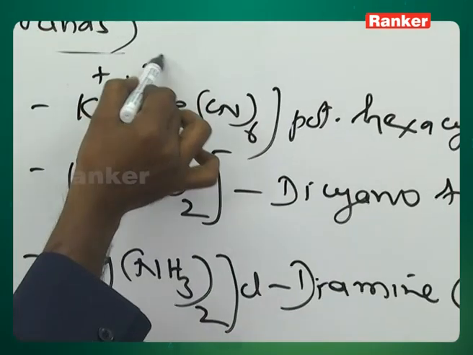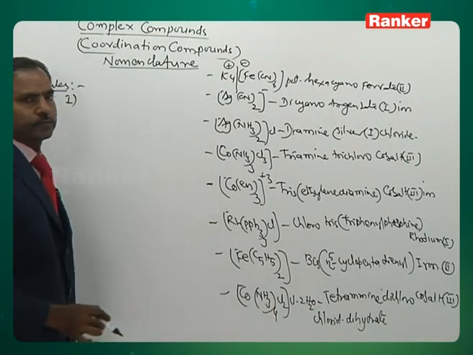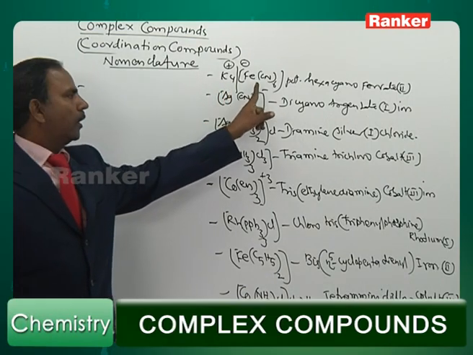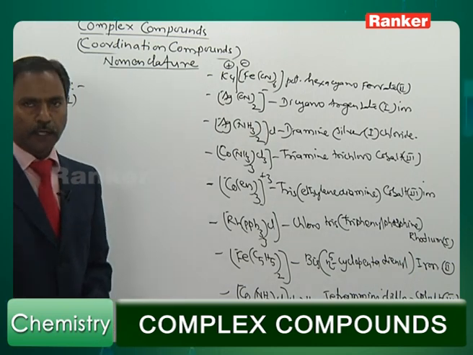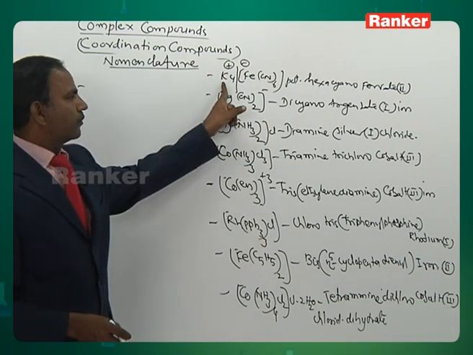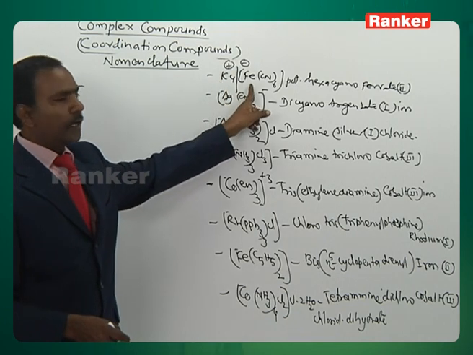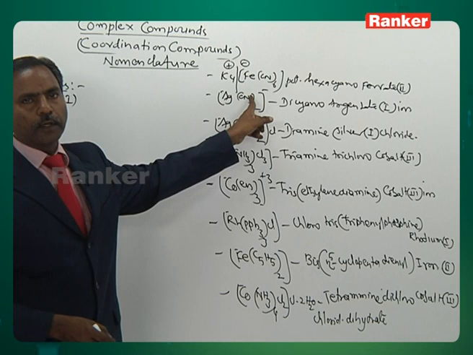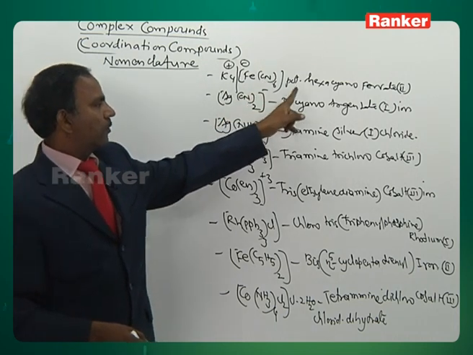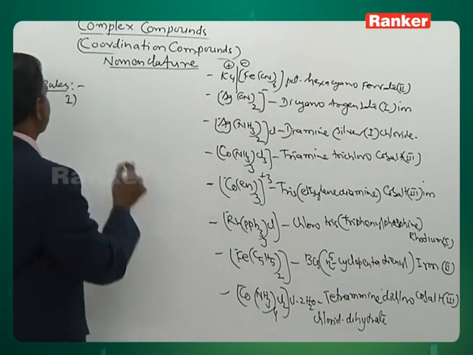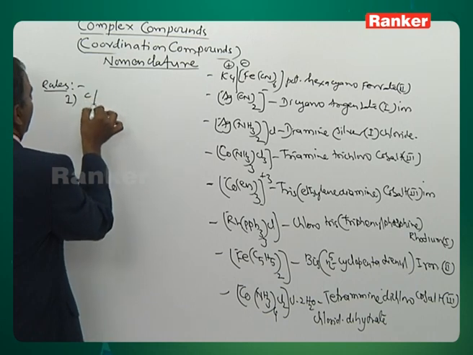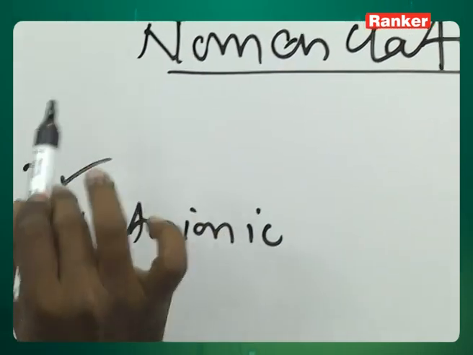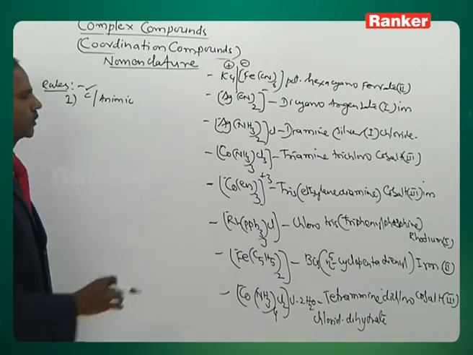The cationic part is named first, followed by the anionic part. What I did, first potassium, this is the cation, this is the anion. Therefore, potassium hexacyanoferrate(II).